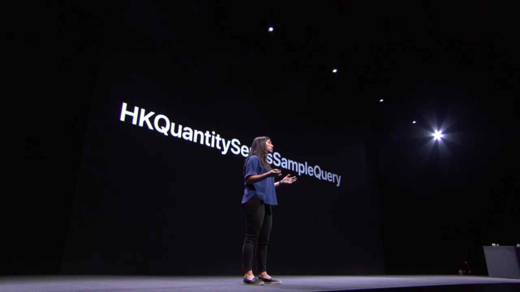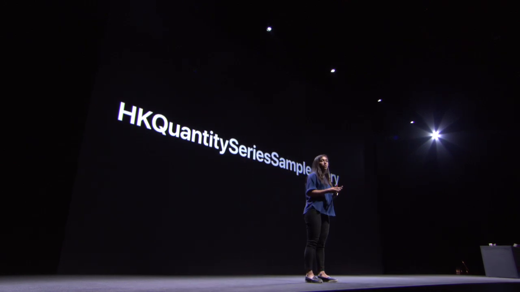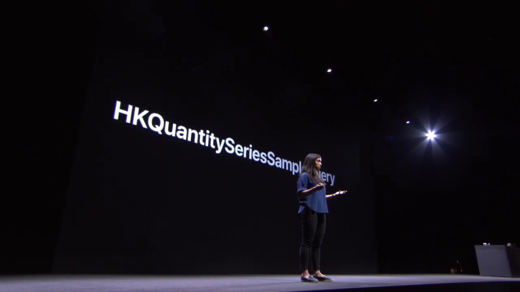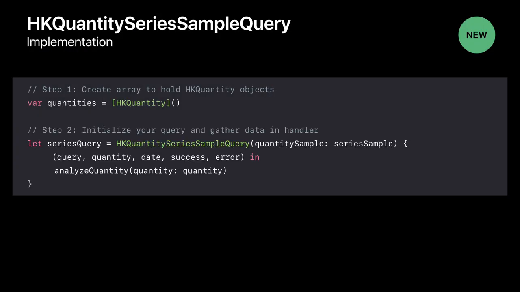So let's start with our sample query. Like I mentioned, this is a way for you to really look deeper and understand the individual HKQuantities that make up a quantity series sample. In code, we first want to start with figuring out where we're going to store our new quantities. In my case, I'm going to store it in an array of quantities. We next want to initialize our query.